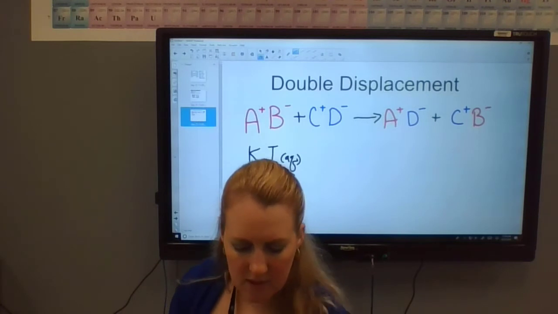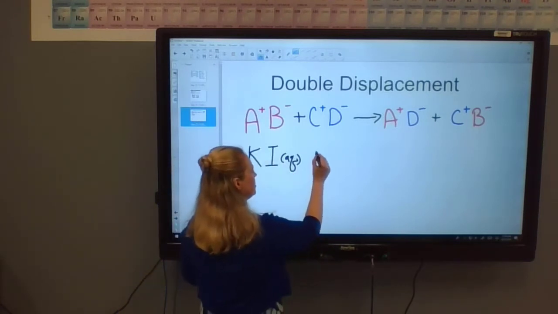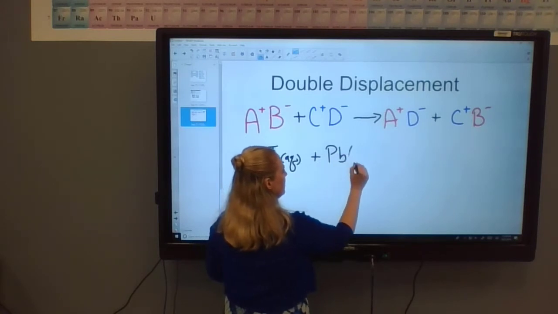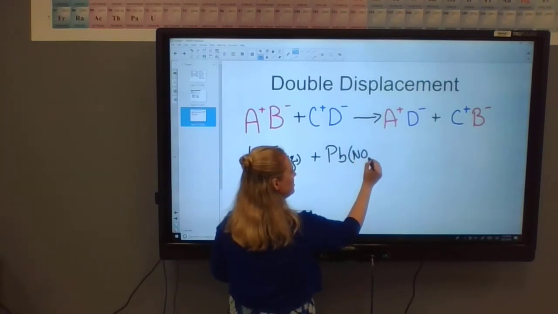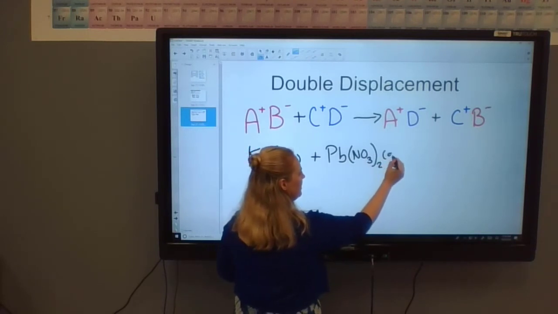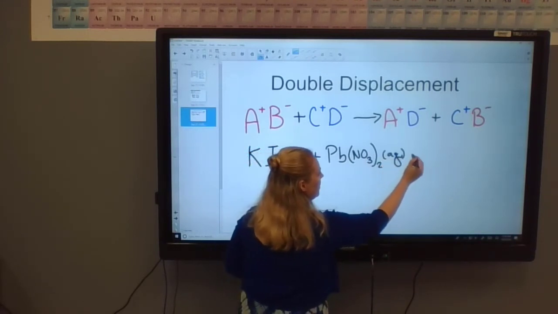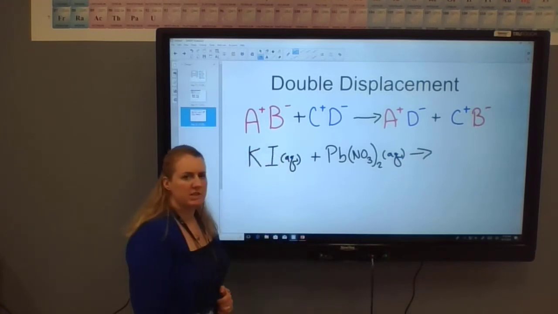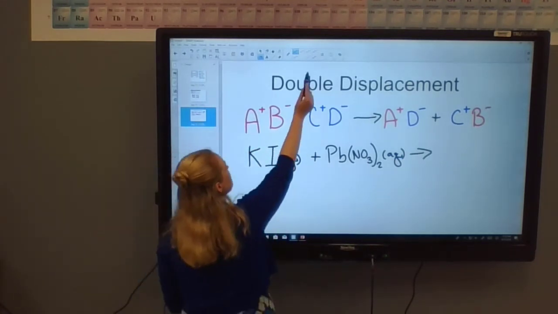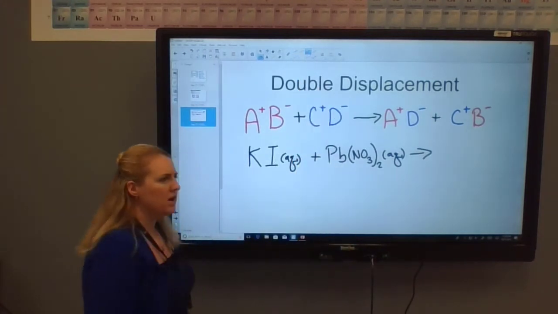And lead(II) nitrate. So lead(II) nitrate has lead with a 2 plus charge. Since nitrate has only 1 minus charge, I need 2 of them. And they are going to react. Now because the screen's kind of short, I'm going to have to do this on the bottom here. Let me go ahead and switch colors and show you what our products are going to be.